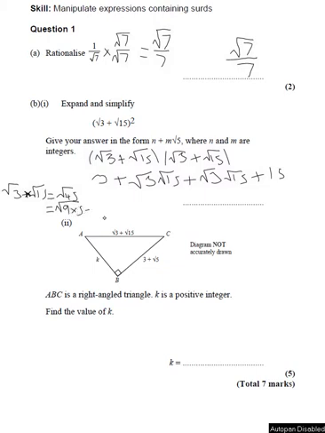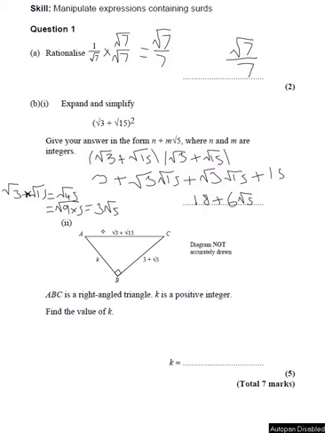So that is the square root of 9 times the square root of 5. So that is just 3 root 5. I have 2 of those, so doubling this, that gives me 6 root 5. 3 add 15 makes 18. And then as I said, 2 lots of 3 root 5, I'll have 6 root 5 altogether. You always want to simplify your surds down as much as you can.